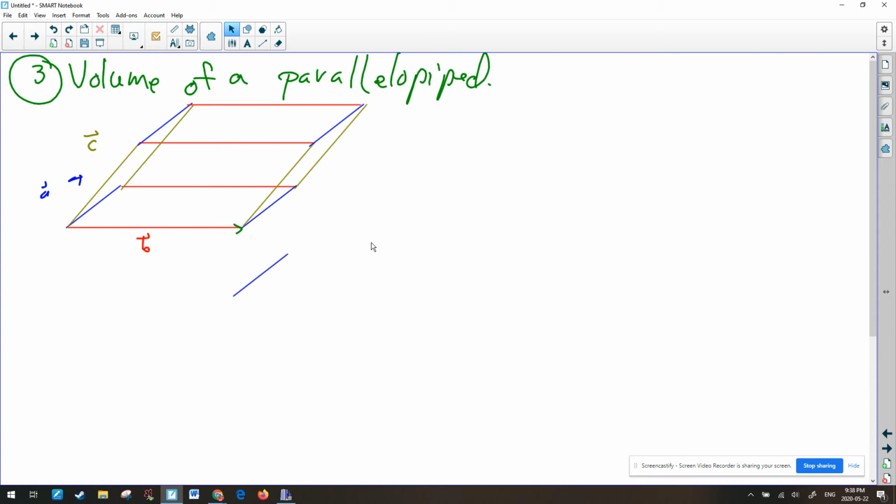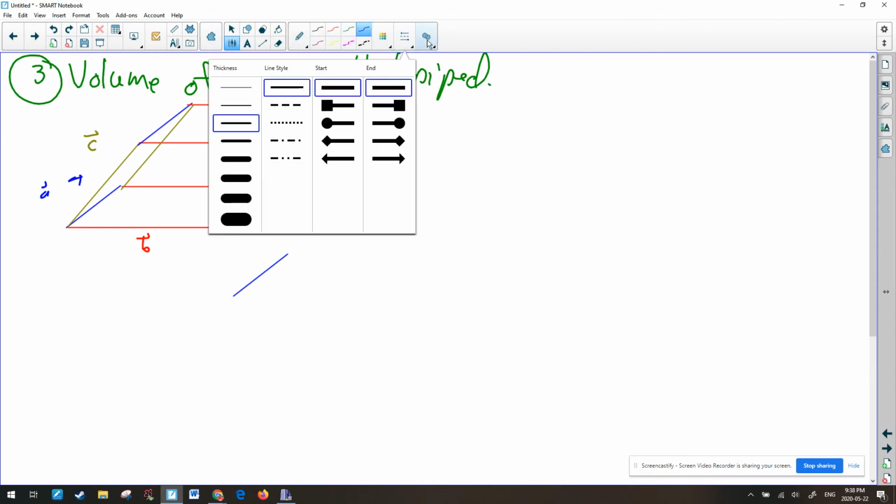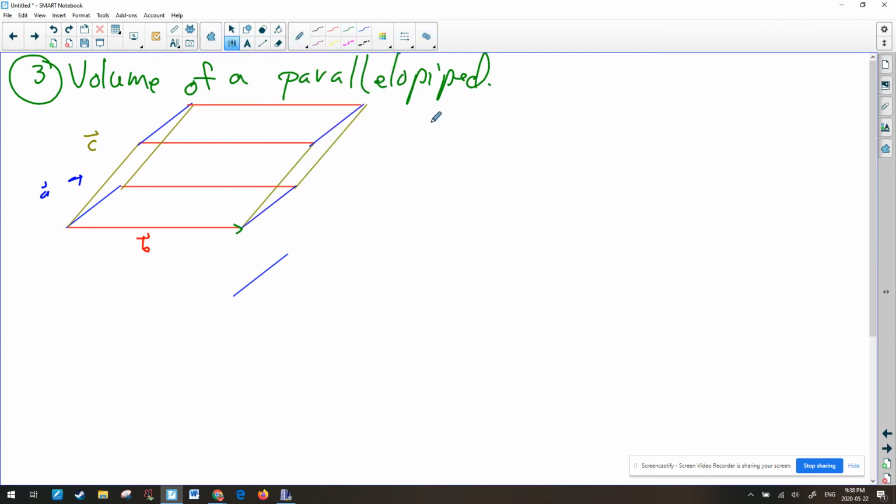The definition, or the derivation, I guess, of how to get this is actually pretty cool. But let's just say that the volume of a parallelepiped is equal to the area of the base.